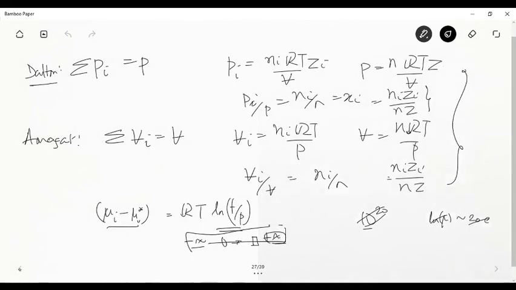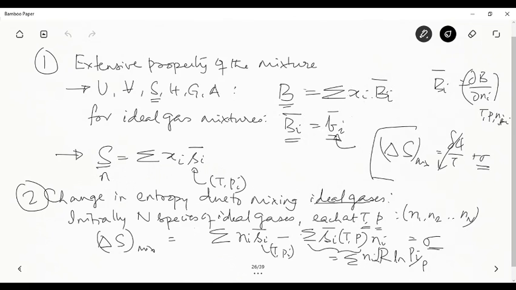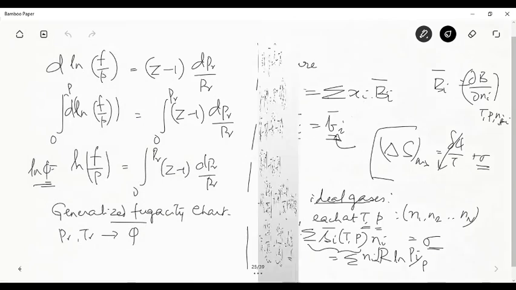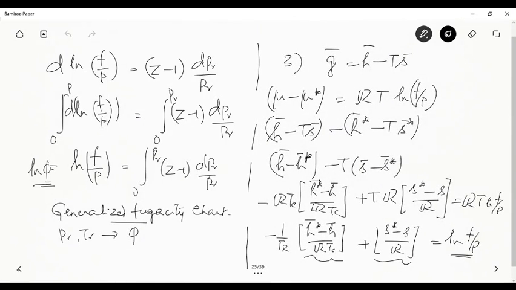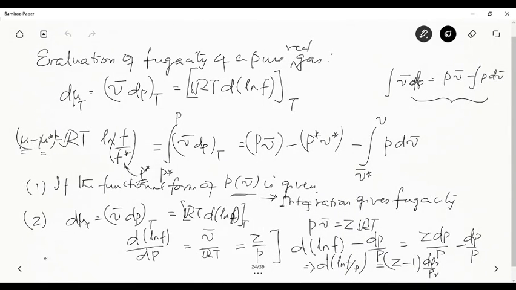So this is the method of calculation of fugacity. We said that if P as a function of V is available in functional form, then we can integrate. If we had any of the equations of state, such as the van der Waals equation of state, or the Redlich-Kwong equation of state, or the Lee-Kessler equation of state, then for all of those equations, P as a function of V is available, so we can integrate.